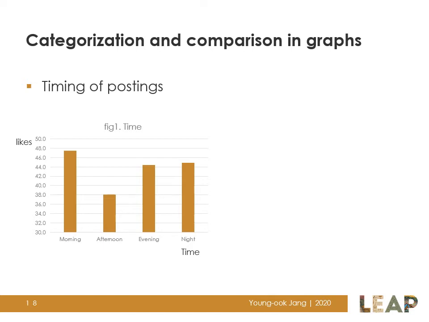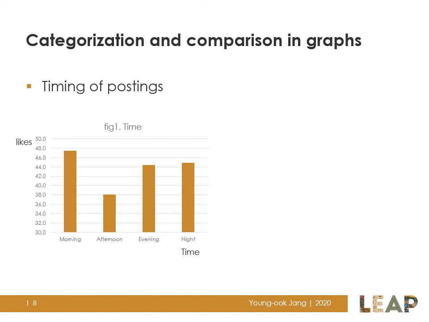And then I see some patterns here, right? If I post in the morning, then I tend to have more likes, and in the afternoon I tend to have fewer likes.